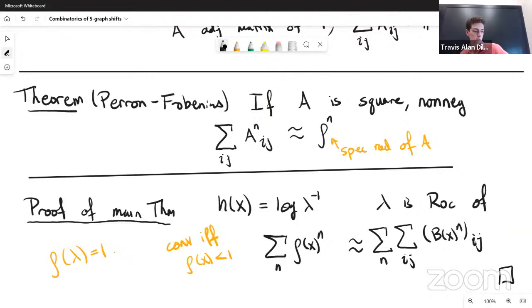I don't have enough time to talk about some of the other nice applications of this matrix. You can use it to analyze these shift spaces further. The two main results that use this matrix are that given any entropy value, I can find you an S-gap shift with that entropy.